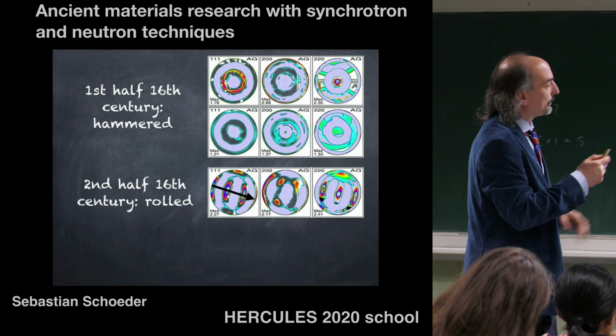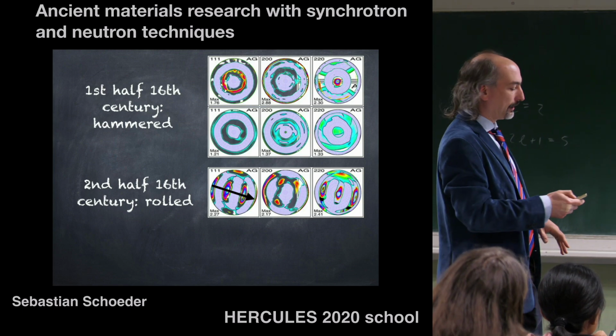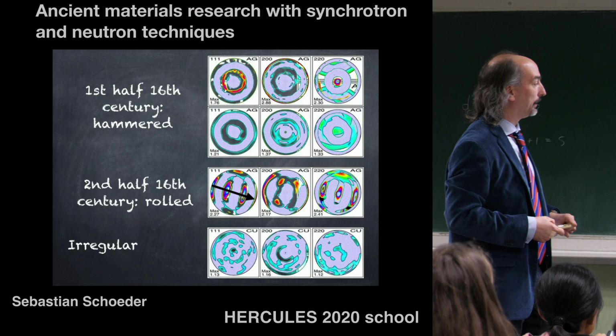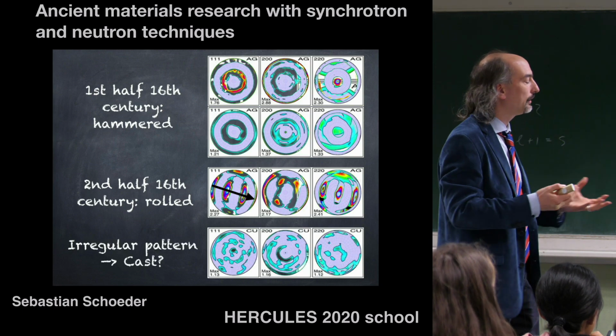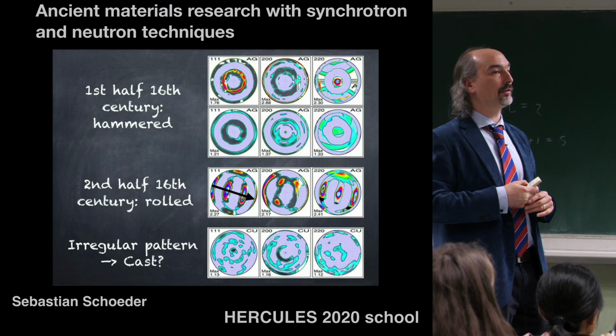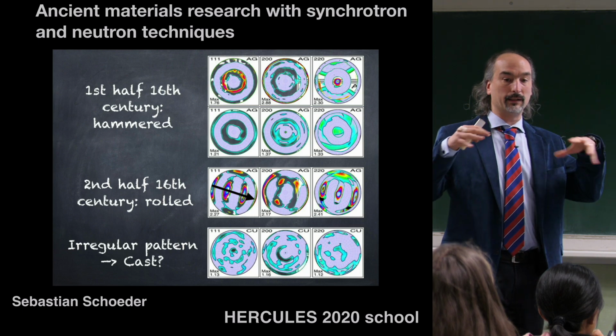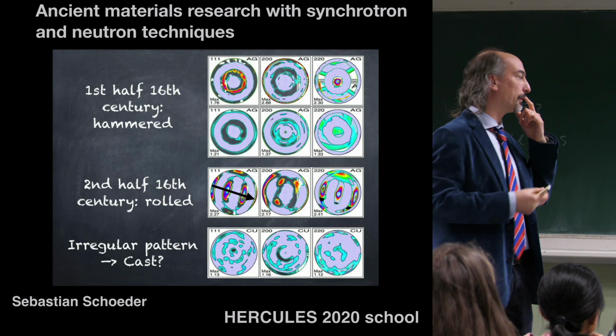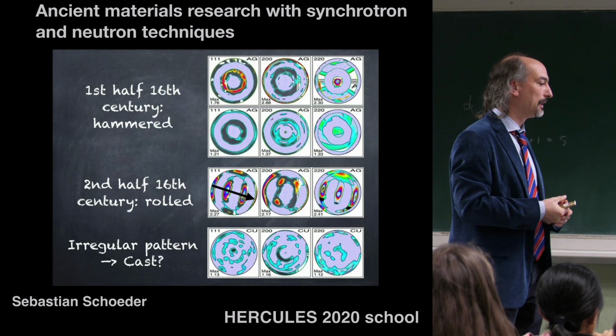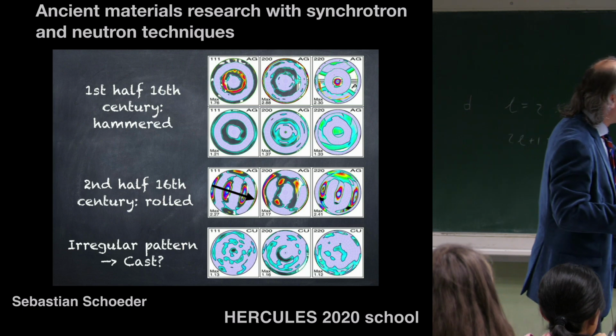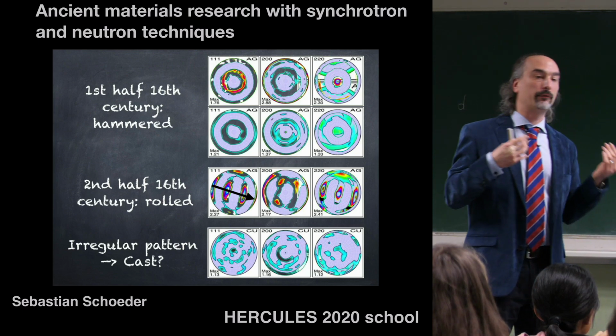The last part was that there are some samples that they found in this study that looked a little bit different. They looked like this. This is irregular, and this is more typical for samples that have been solidified from a melt, so cast basically. And this is not so good because it is typically what is used to make forgeries.